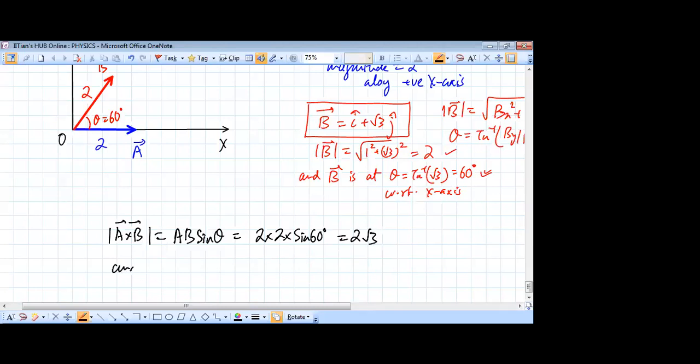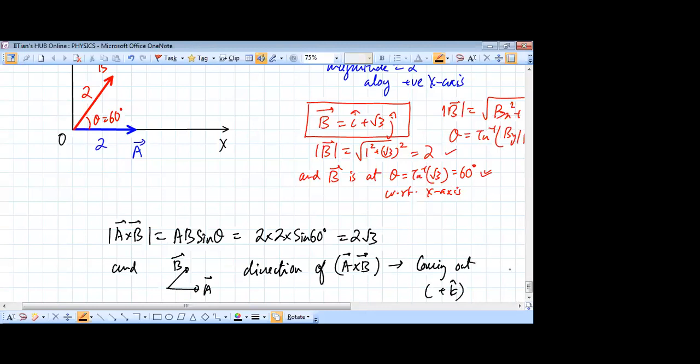And A is like this, B is like this. So direction of A cross B will be coming out. Okay. So that is positive k cap.